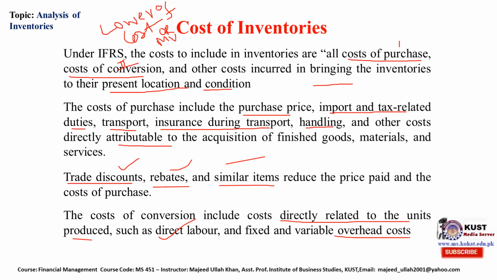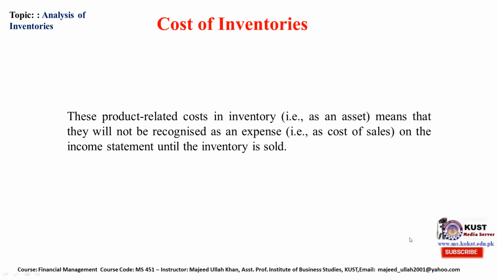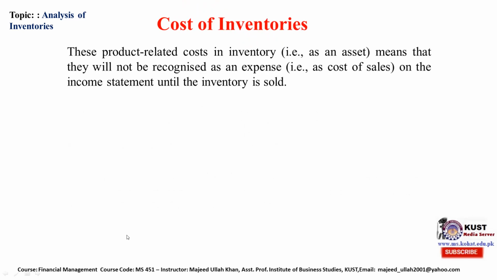Now, product related cost of inventory as an asset means that they will not be recognized as an expense. Those product related costs which we calculated in the inventory unit will be reported as an asset until the inventory is sold.